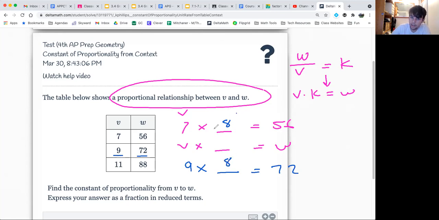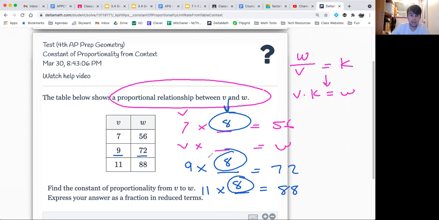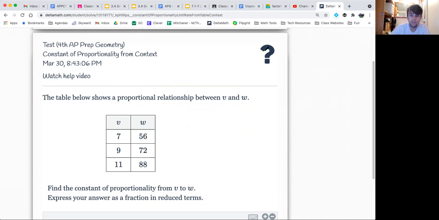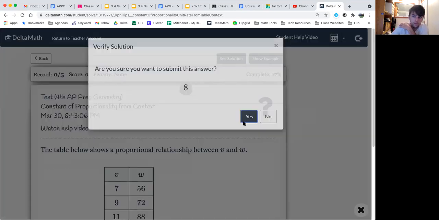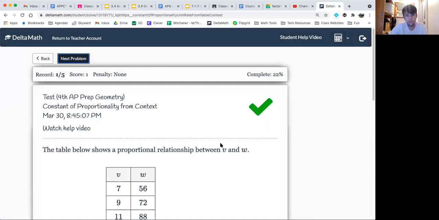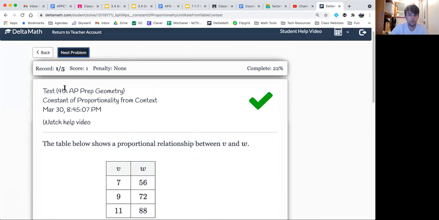Should be a constant. This should be the same number for all of these, but let's just double check it. 11 times what is 88. And yeah, it is 8 again. So this right here is our constant of proportionality, 8. Let's go ahead and clear that.